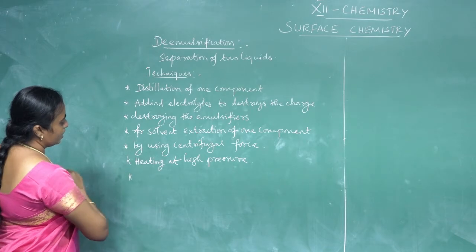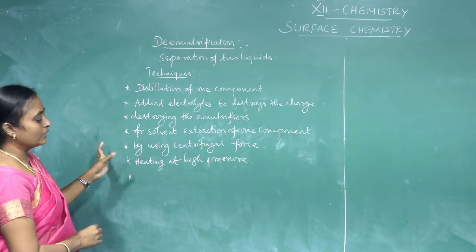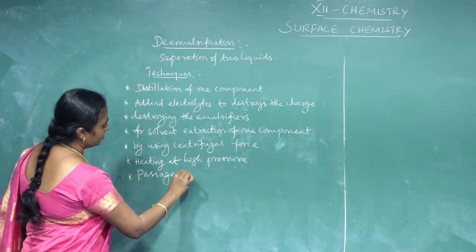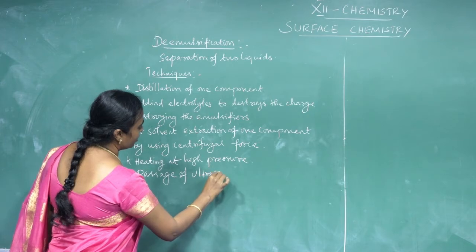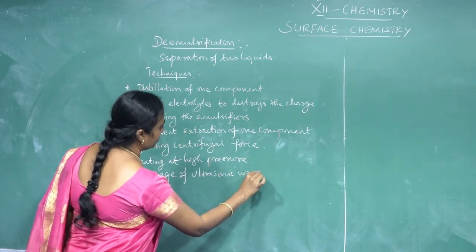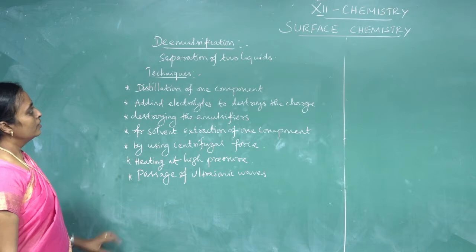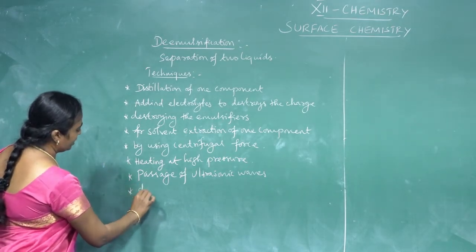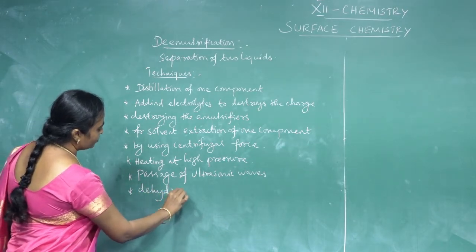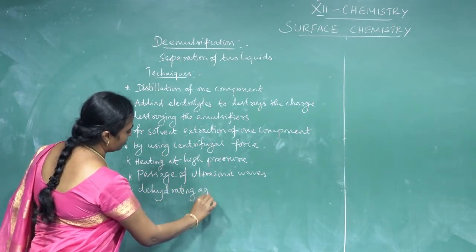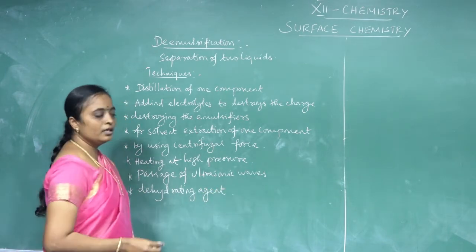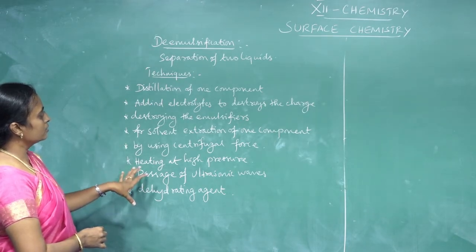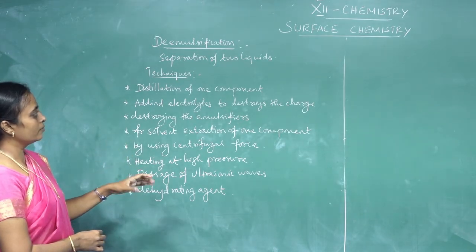And if you pass ultrasonic waves, by the passage of ultrasonic waves, we can separate the two liquids. And in the same way, by using a dehydrating agent, that is also used to separate the two liquids. So usually we use some techniques to separate the two liquids that make an emulsion.